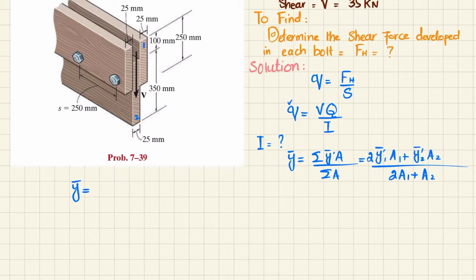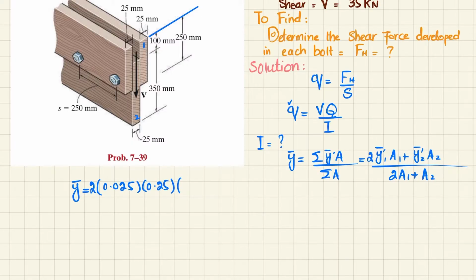Now the first member is this one. If you take this upper surface as a reference line, I will highlight it, we will take this as a reference line. You can see the first member is this one, so its area will be equal to 25 millimeter by this height, which is 250 millimeter. We will convert them into meter. So 2 times A1 will be equal to 0.025 multiplied by 0.25.